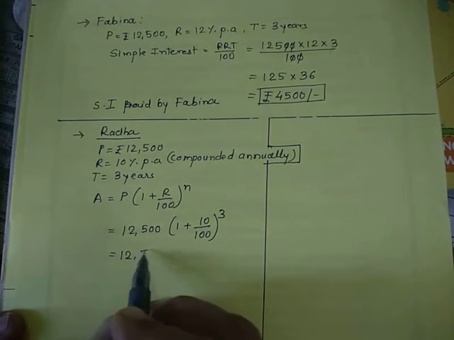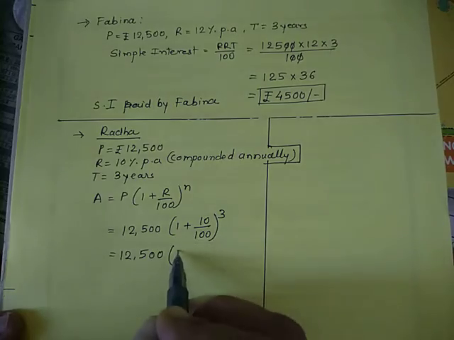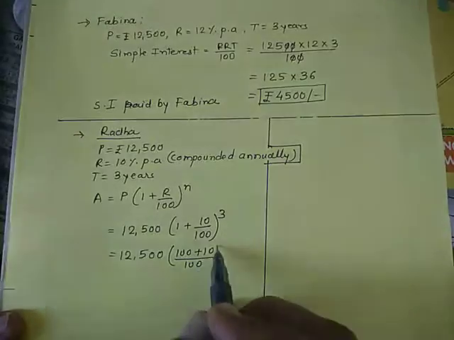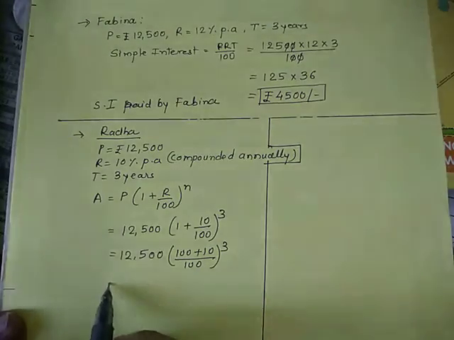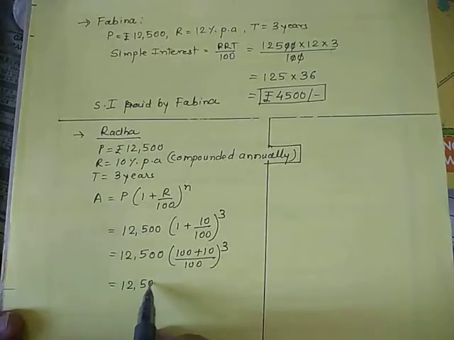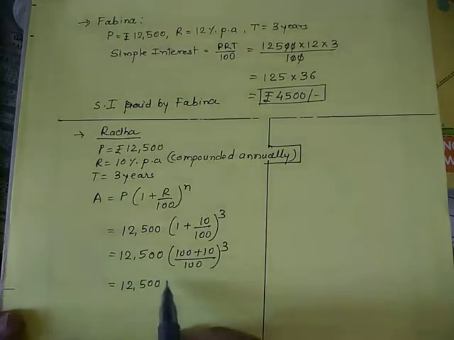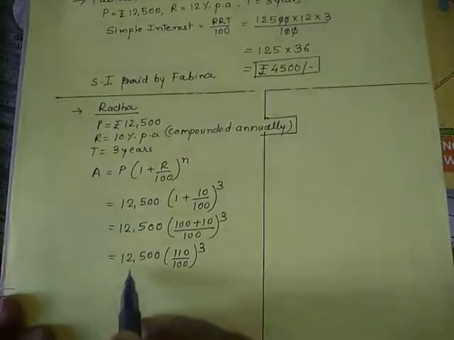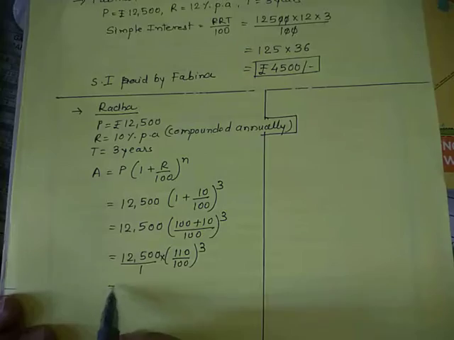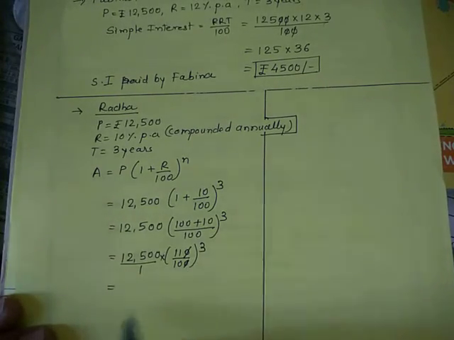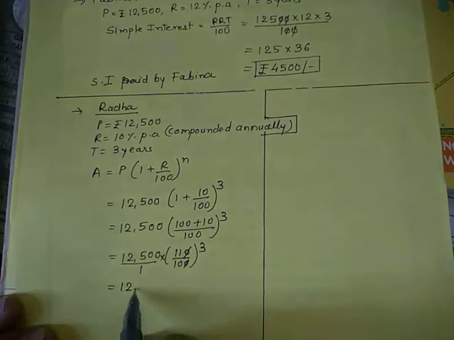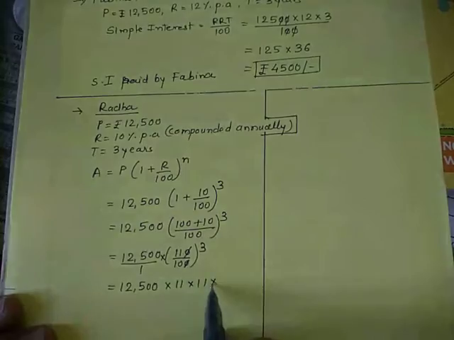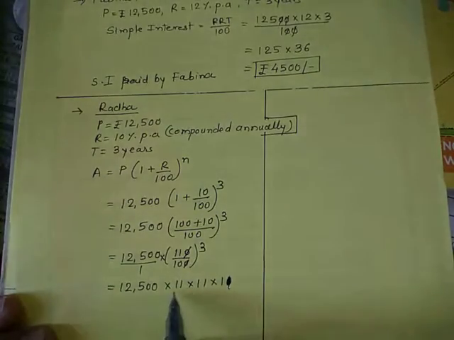I can take the LCM, it will be 100, raised to 3. Here 12,500 into 110 raised to 3. Now 3 times, but I can cancel the 0 over here. So 12,500 multiplied by 11 into 11 into 11 over 10.